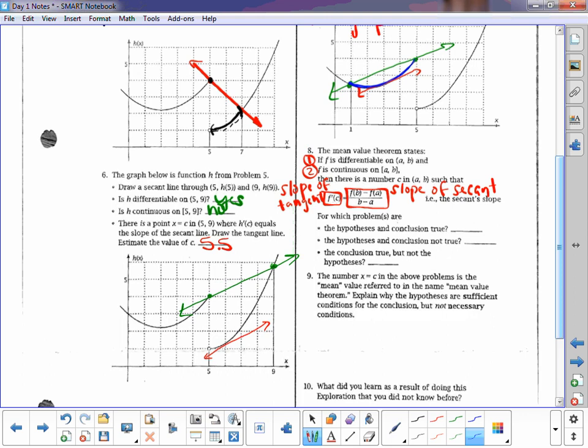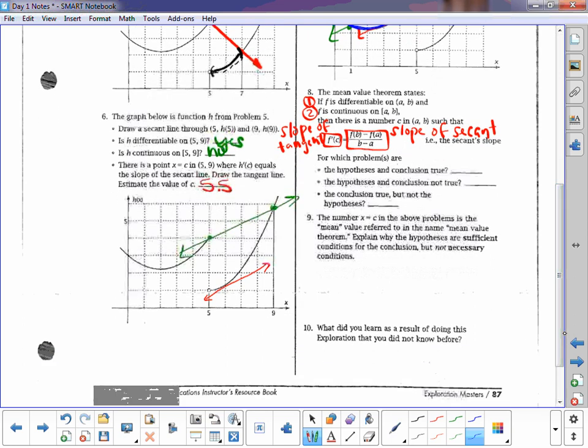Now, I'm going to use an acronym that I learned from a coworker to help us remember this. The big idea is that IROC equals AROC. And let's write out what those are. So IROC is instantaneous rate of change.